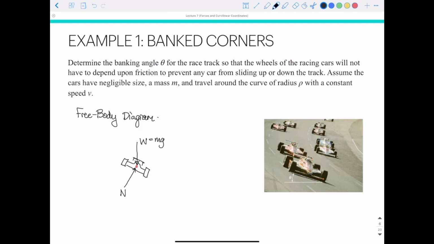And that's going to be acting at some inclined angle theta. And then lastly, we have to draw our coordinate directions. So I'll draw those in green. Our coordinate directions will be our normal direction, and in this plane, what we can see is our binormal direction. So our tangential direction here is going to be in and out of the page.